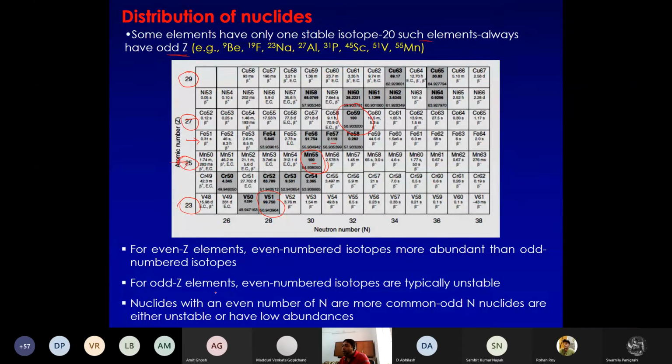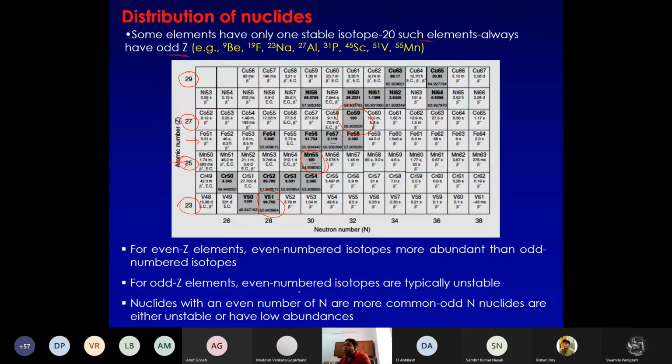Now, what you'll also notice is that nuclides with an even number of neutrons are more common. Nuclides with an odd number of neutrons are either unstable or have low abundances.